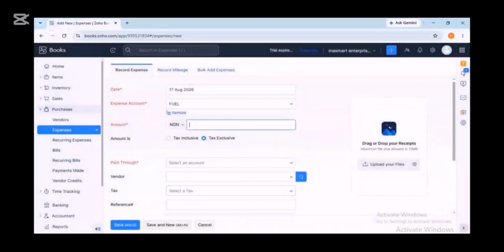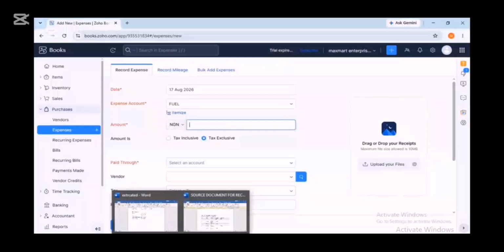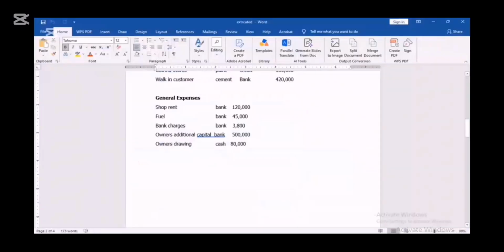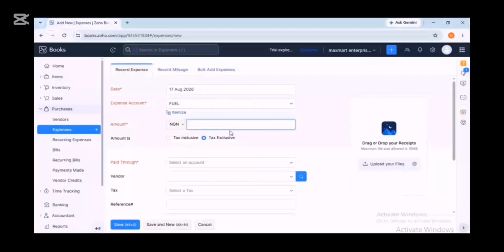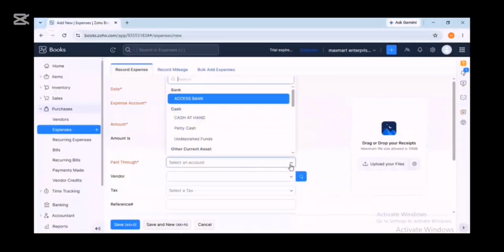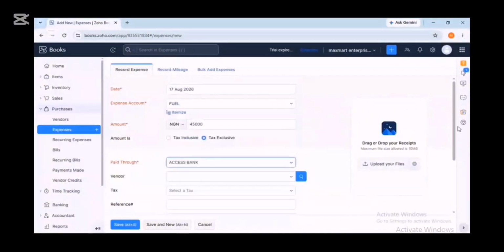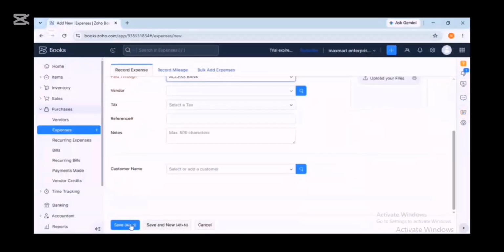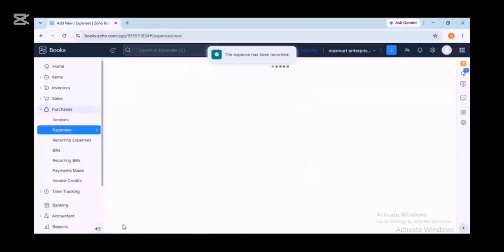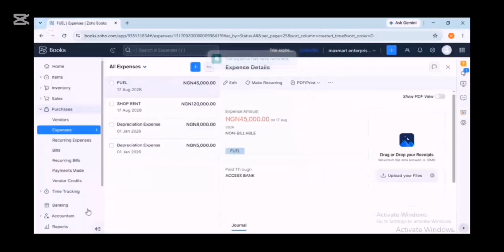So let's input the amount of fuel he got. 45,000 naira worth of fuel. So let's enter that as an expense. 45,000 naira. So let's select the given account, Access Bank. So let's save up. Absolutely right. So let's head on to the next.